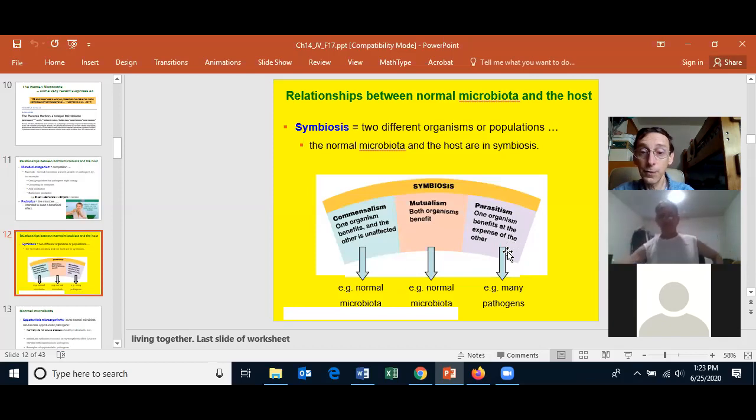And that would be when you have a skin infection that's caused by Staphylococcus aureus, or a C. diff infection inside your gut. That would be a parasitic relationship. And the human pathogens follow a parasitic relationship. Any question about any of that?